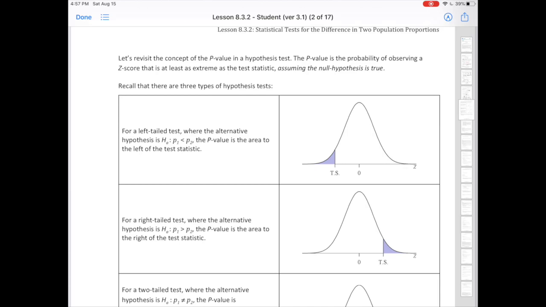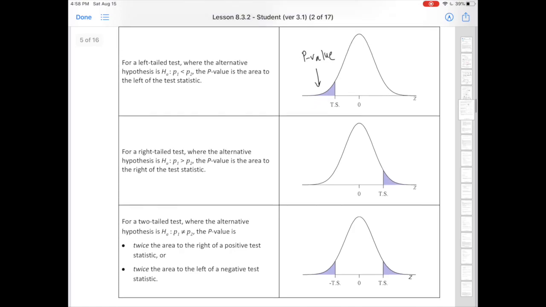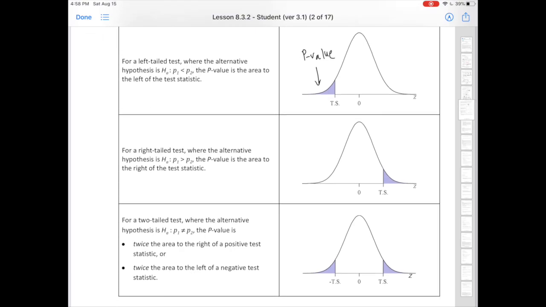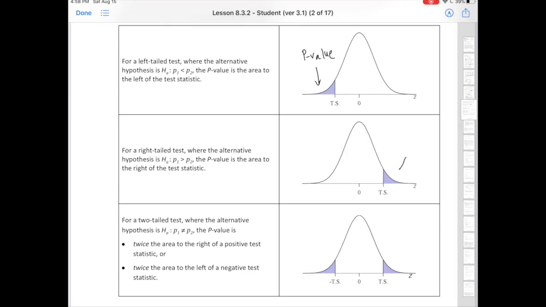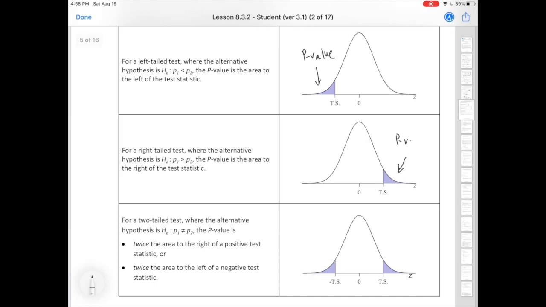For a left-tailed test, where the alternative hypothesis is P1 is less than P2, you're going to shade to the left of the statistic, right? So that's the p-value. For a right-tailed test, when the alternative hypothesis is P1 is greater than P2, then the p-value is the area to the right of the statistic. So this would be the p-value.